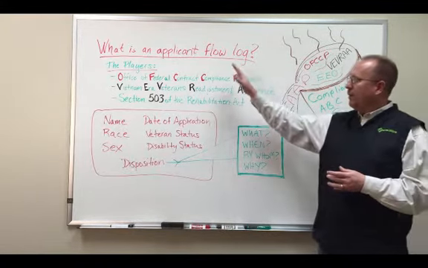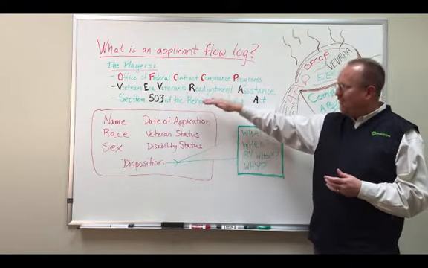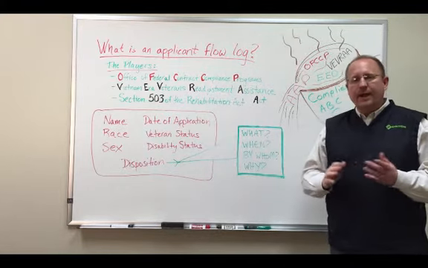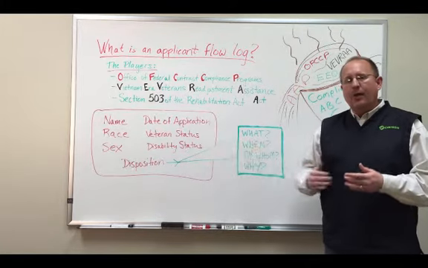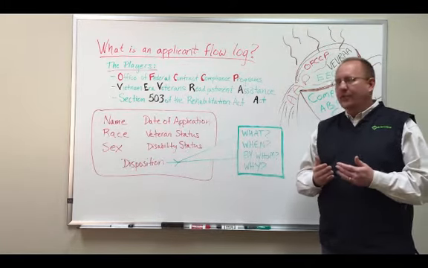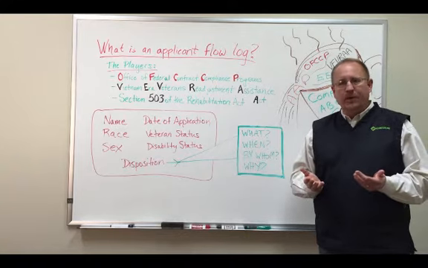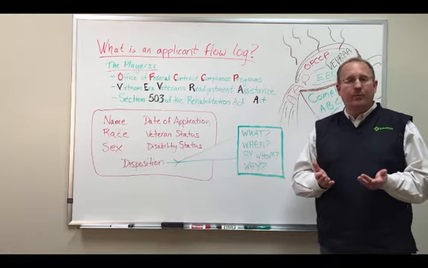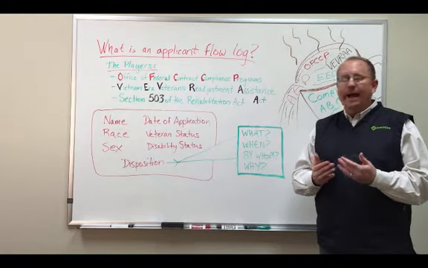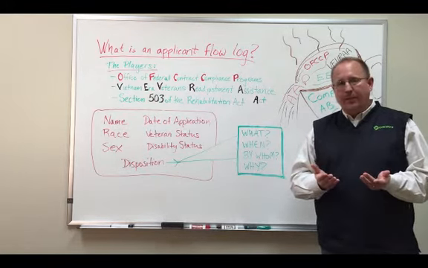So when you look at an applicant flow log, understanding some of these basics, in simplest terms, these items in this box here are what an applicant flow log is designed to track during the course of a year. So there are very specific requirements that from an affirmative action perspective must be met to make sure that, again, this discrimination isn't taking place.